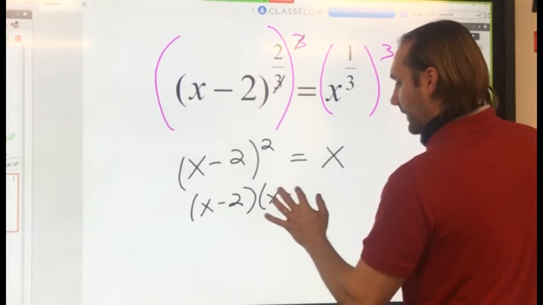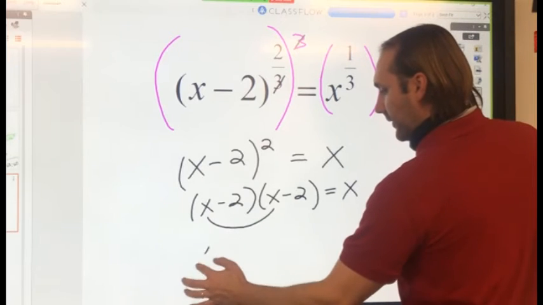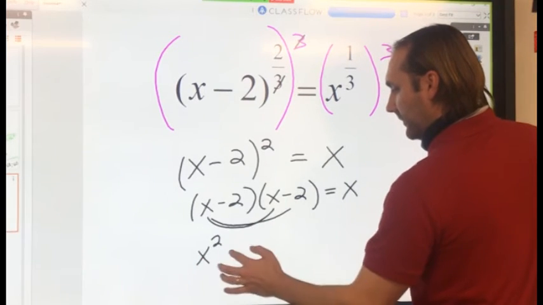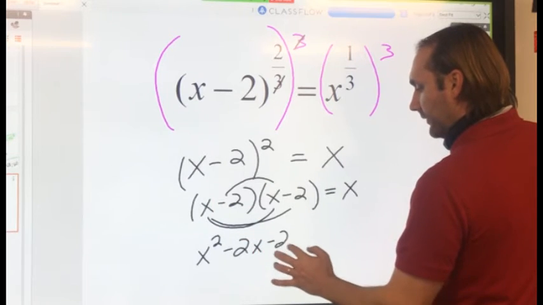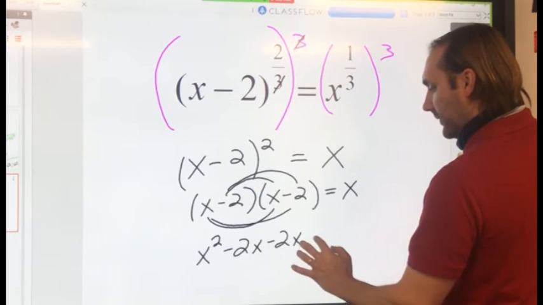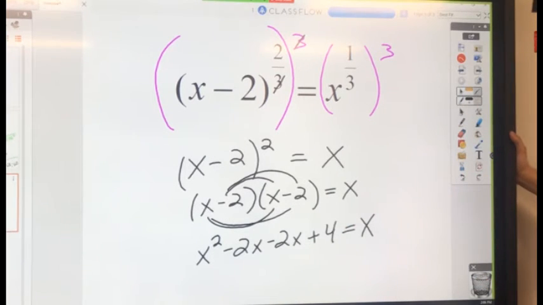So I got a quadratic here. I need to distribute. So x times x, x squared. x times -2, -2x. -2 times x, -2x. -2 times -2 is plus 4, equals x. What would you do after that? Combine like terms.